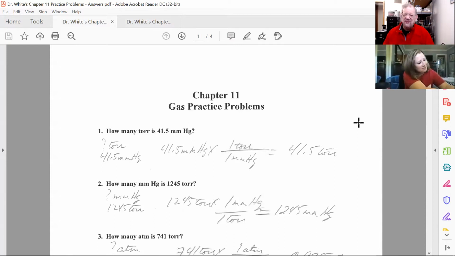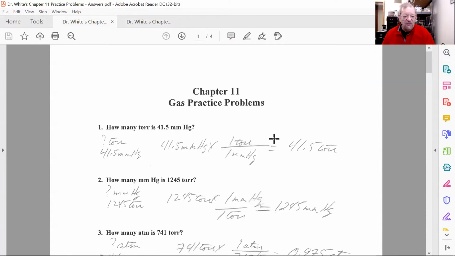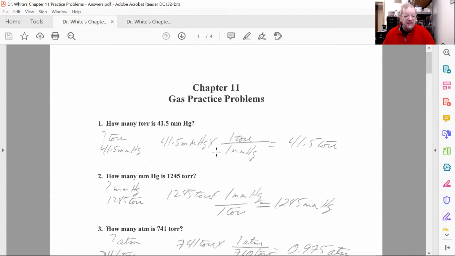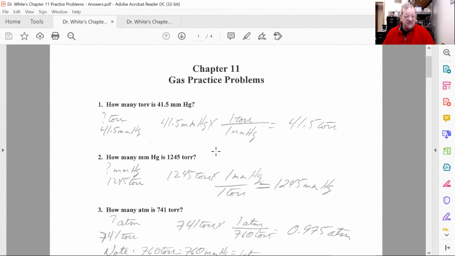All right, when we talk about gases, you should know that gas pressure is measured in the following units: millimeters of mercury and torr.